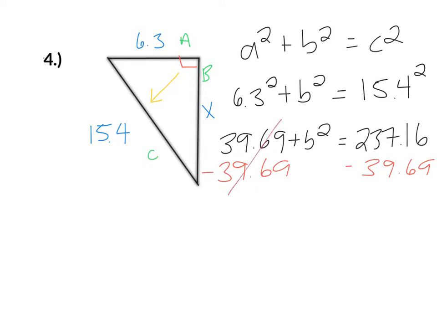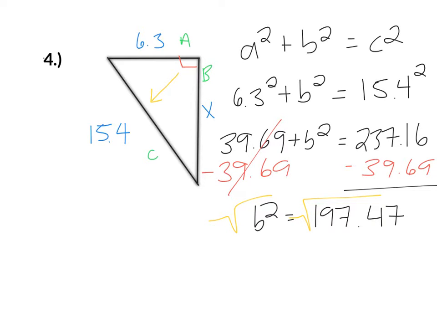All right, we know that these cancel out, and if I use my calculator to just subtract both of these, I have 237.16 minus 39.69, and I get that B squared equals 197.47.